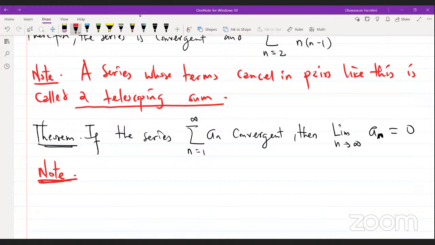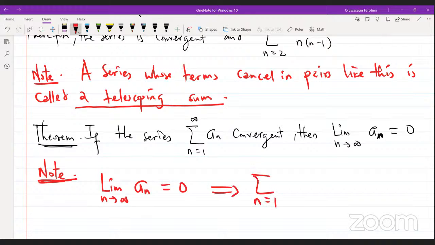Note, if the limit of a sequence equals 0, does it mean that the series converges? Yes or no, guys?